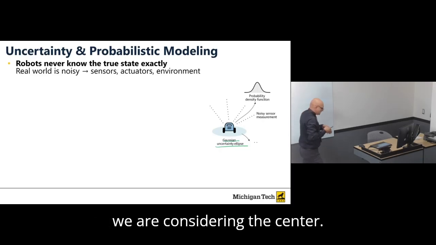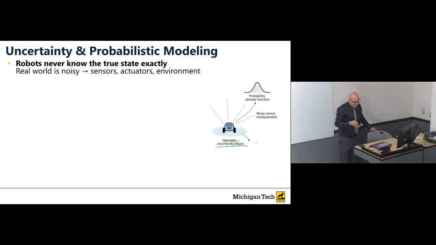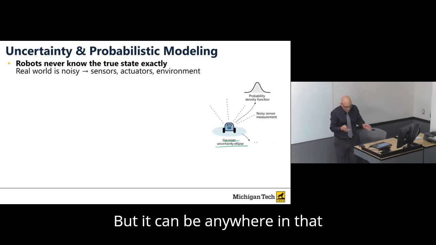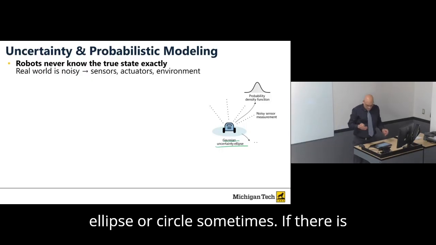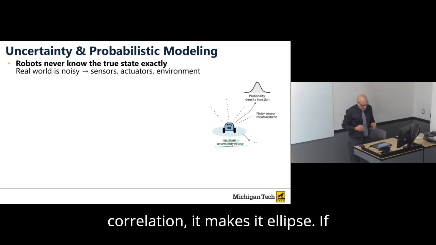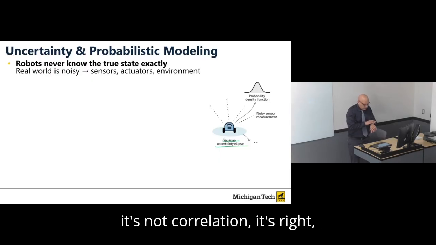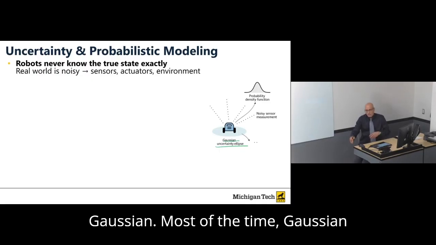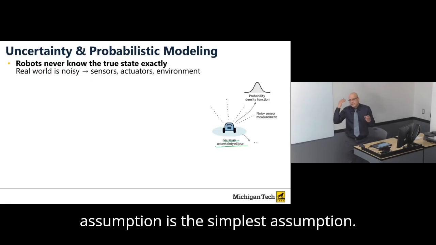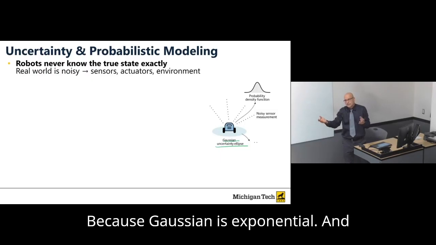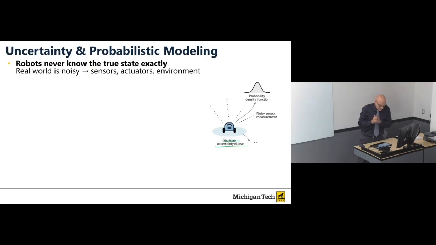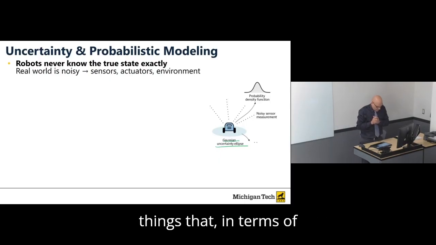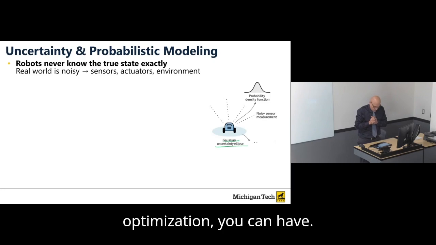We are considering the center, but it can be anywhere in that ellipse or sometimes circle. If there is correlation, it makes it an ellipse. If there is no correlation, it's a circle. That's called Gaussian. Most of the time the Gaussian assumption is the simplest, because Gaussian is exponential, and exponential families are the best things you can have in terms of optimization.